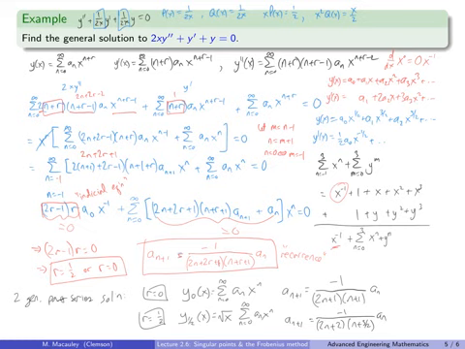But here, the general solution, let me write it like this. Our constant is sort of embedded in here, the a naught and the other a naught.